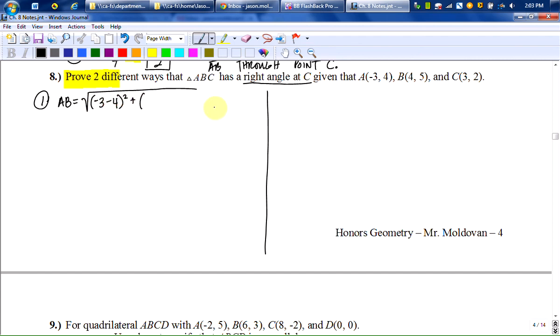And I have the rest of the formula correct, like the built-in minus sign and the plus sign and the squared.